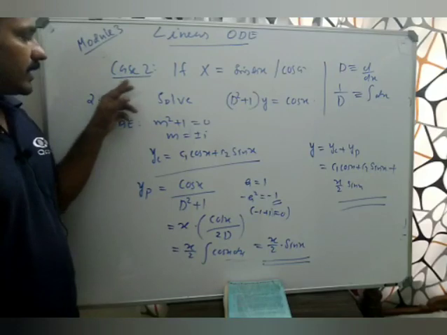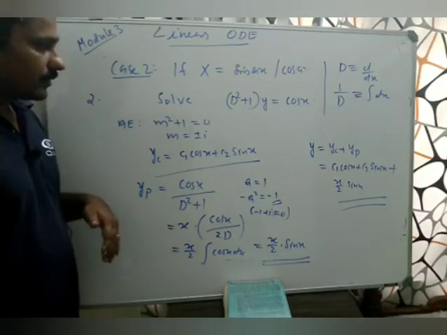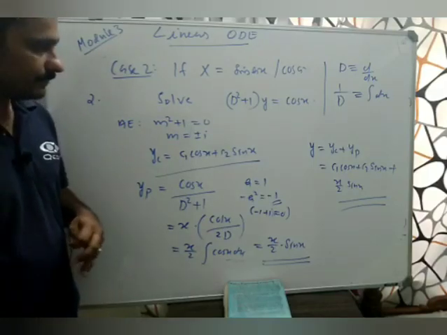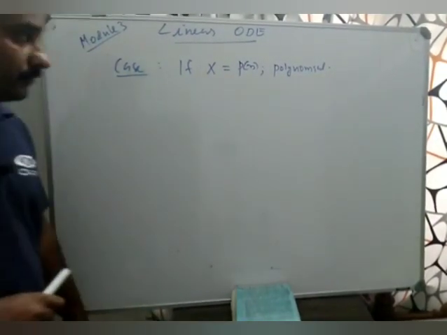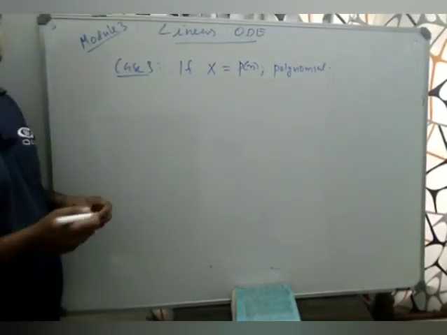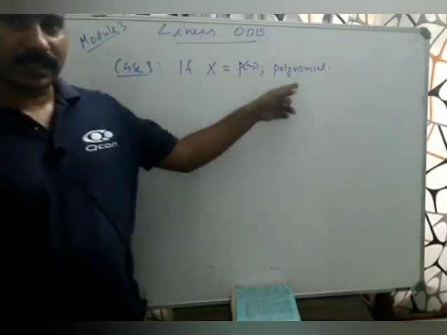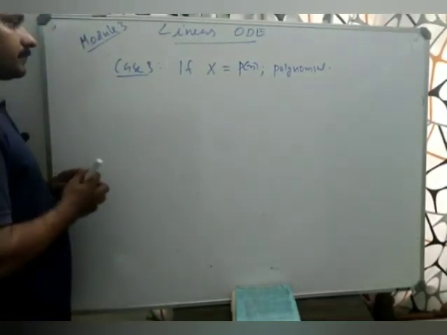Okay, so that's all about case 2. Now let's see case 3. Now case 3, if x is a polynomial, then how can we find the particular integral?